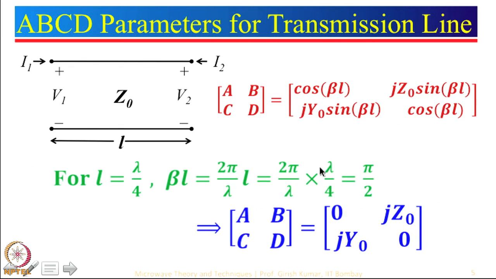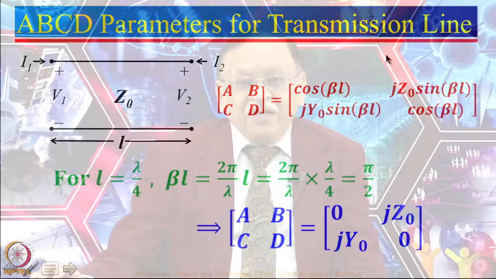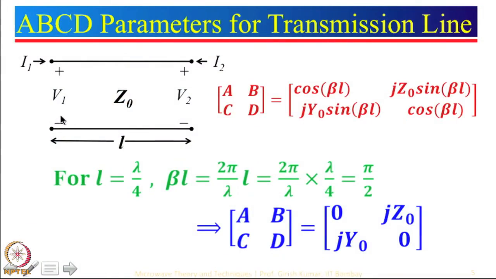Let us now take another case, that of a transmission line. You might have studied transmission lines, and you know that if you want to define a voltage V1, then V1 is equal to V2 cosh(gamma L) plus Z0 I2 sinh(gamma L). Similarly, one can write an expression for I1. Now, in this particular case, we are assuming that this line is lossless, or we can say that most of the time line losses will be very, very small.